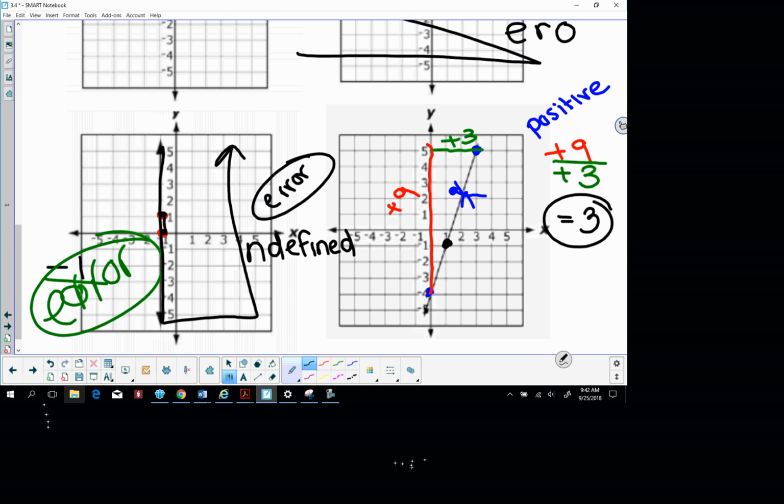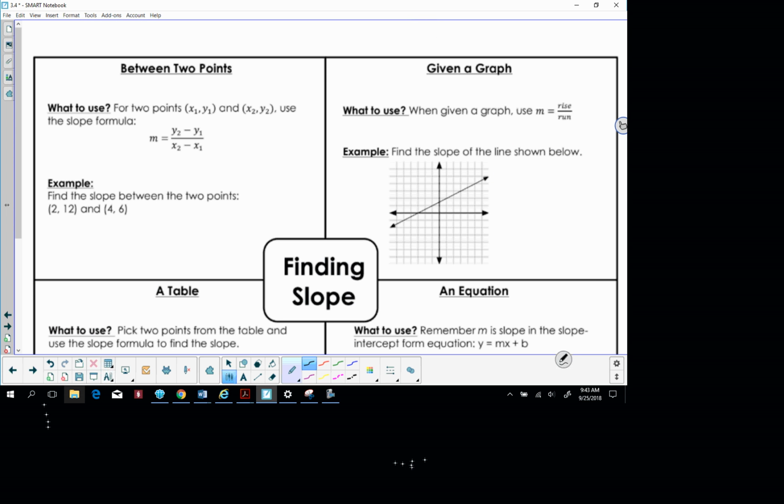Okay, we're going to go over the 2 other ways to find the slope, and then you're just going to practice. So we're going to go to that next set of notes right here. It's a little white sheet that looks like this, and it says finding the slope. You should already be able to do the graph one, but we're going to be doing the other 2 together. You're going to glue that one in as well.